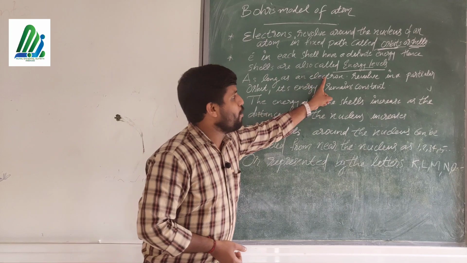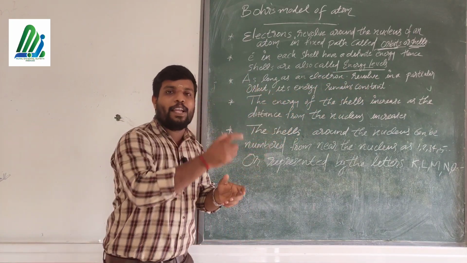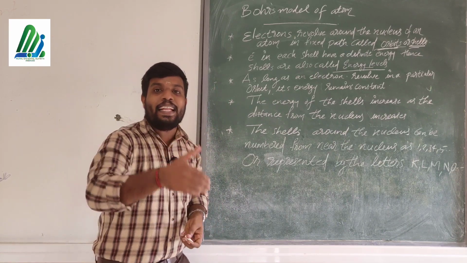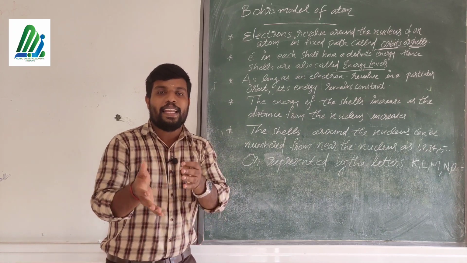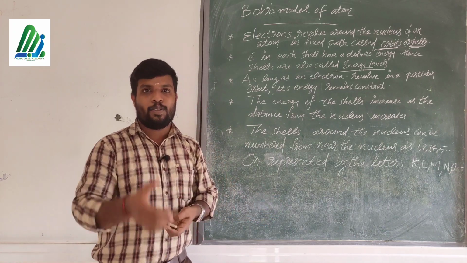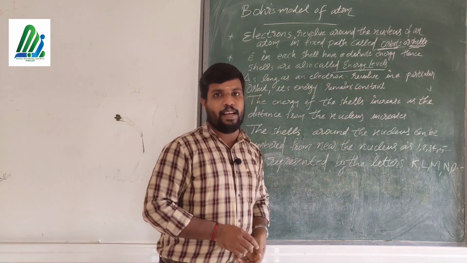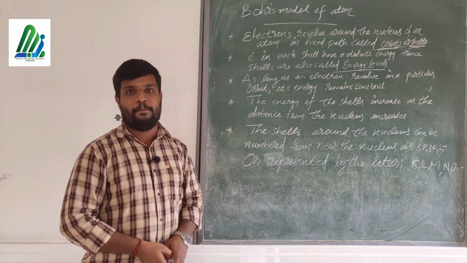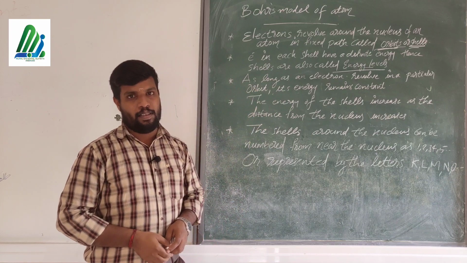As long as an electron revolves in a particular orbit, neither its energy increases nor decreases. That's why we say the energy remains constant. If the energy of electrons remains constant, the electron does not collapse into the nucleus.